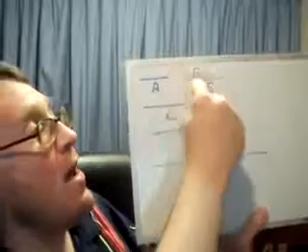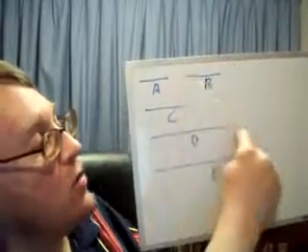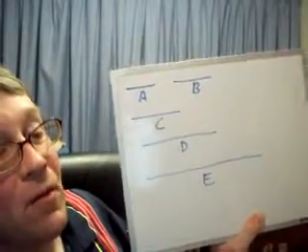But A measured C, so that A also measures D. So we already said that A measures C. Now we're going to say that A also measures D. Are we starting to see a problem here? Hang on to your horses.